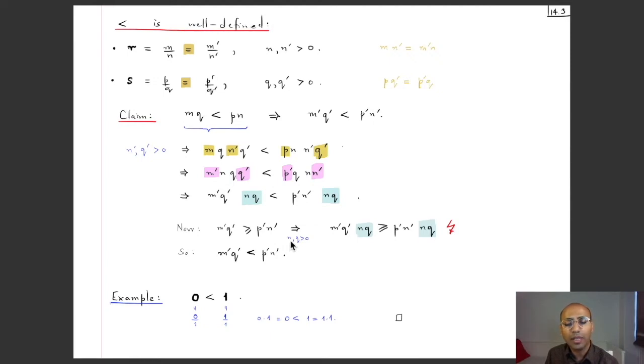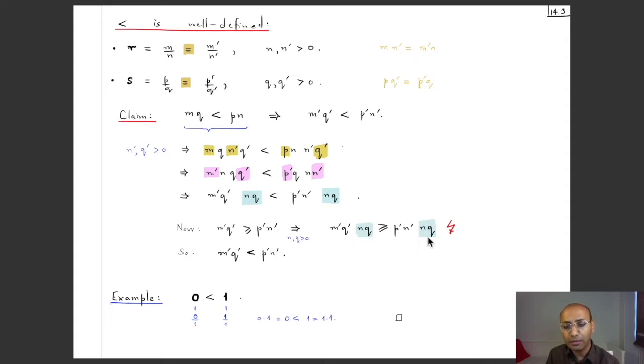But now since n and q are positive integers, we can multiply both sides by nq, which is a positive integer, and this will be preserved. So you get m'q' times nq is bigger than or equal to p'n' times nq. Of course, if there's equality, you will get equality. And if it was a strict inequality, then since nq is a positive integer, the inequality will be preserved.